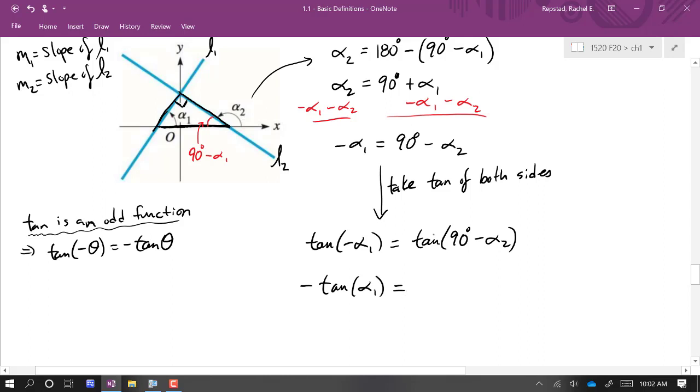Now on the other side, we've got tangent of 90 minus alpha 2. Now this is equal to cotan of alpha 2. And that's true because cofunctions agree on complements.